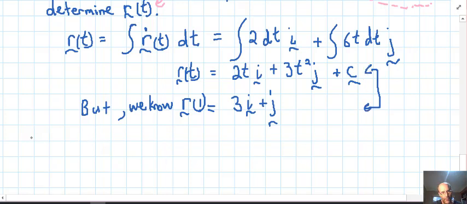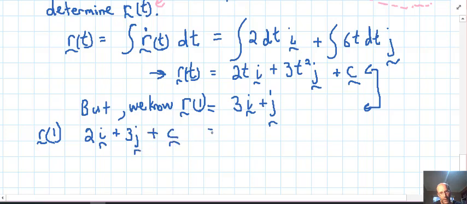So for r of 1, we know that you can get it by subbing 1 into this equation. So let's do that. We'll call that the left hand side. That'll be 2 times 1, which is 2, plus 3 times 1 squared, which is 3, plus that constant that we're trying to find, and we know that that's equal to 3i plus j based on the given information.